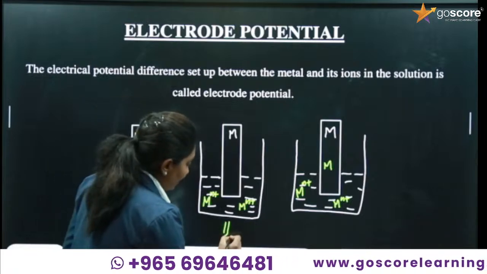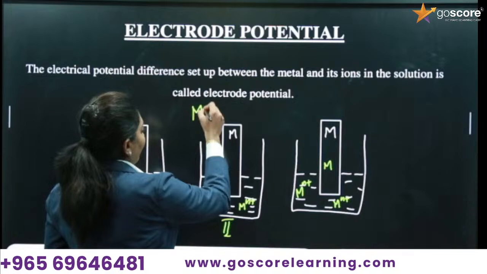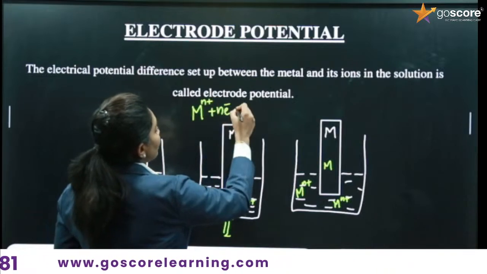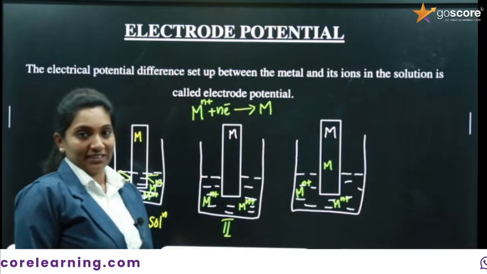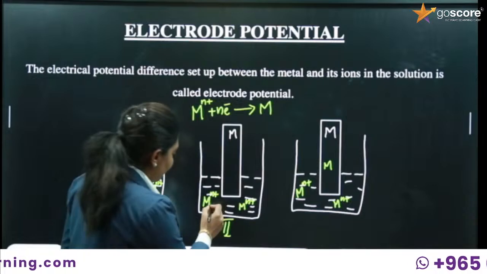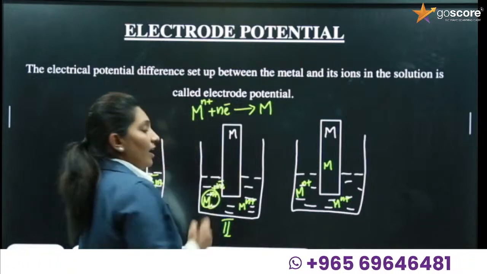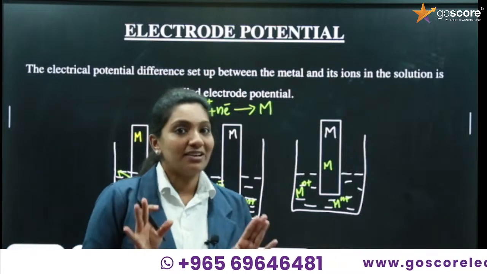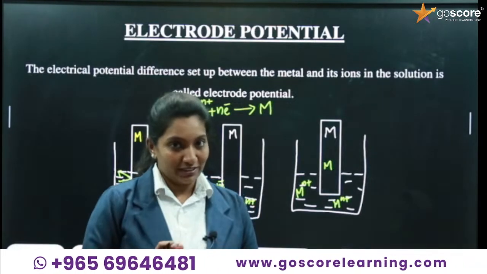In the second case, the metal ions accept n electrons from the metal and convert to metal M. Last session we discussed that electrons will never be in the solution; they will always be on the metal rod, right?